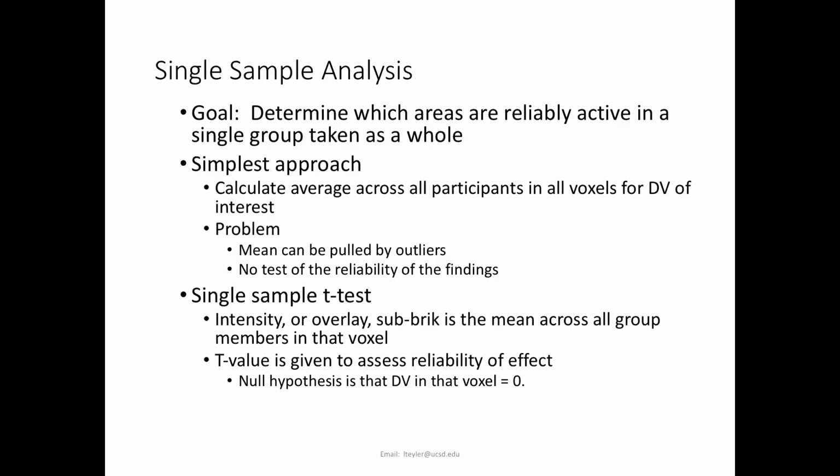And then a t-value is given to you to assess the reliability of the effect. The null hypothesis is that whatever your dependent variable in that voxel is, it is 0. And it just does that same t-test 20,000 times. Then it gives you the ability to paint the color of the average intensity on there and threshold it based on the t-values.